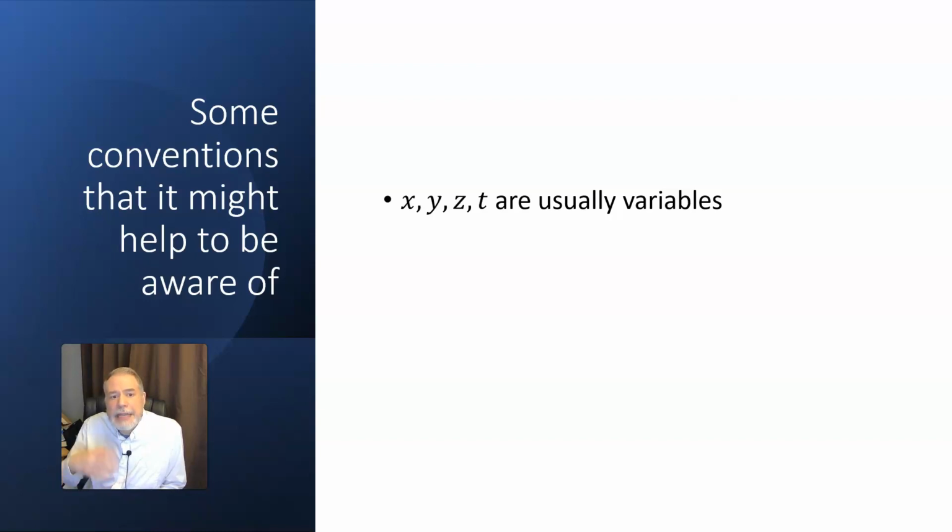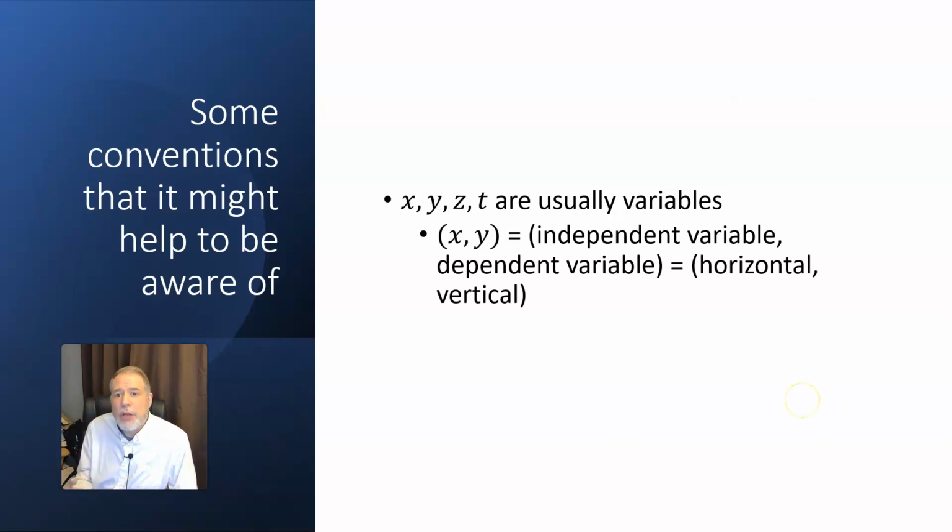So letters like X and Y and Z and T are usually used for variables. And in particular, if you have an equation that has both an X and a Y in it, usually the X stands for the independent variable and the Y stands for the dependent variable, the one that depends on the other thing.